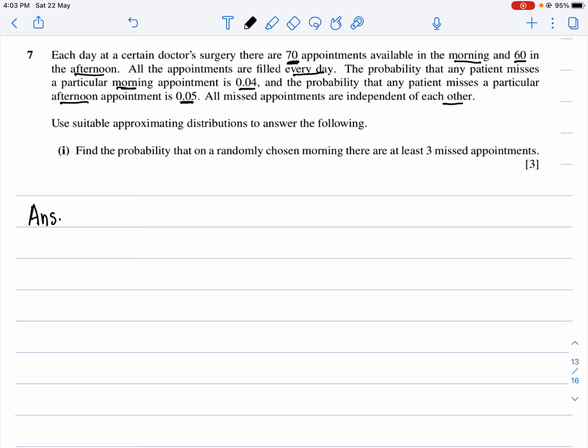So the first thing is clear, we use the Poisson distribution because the appointments are independent in nature, which is one of the main conditions. But now we need a morning and we need at least 3. These are my two important words. But before that, I need my lambda. My lambda is given by the formula n into p.